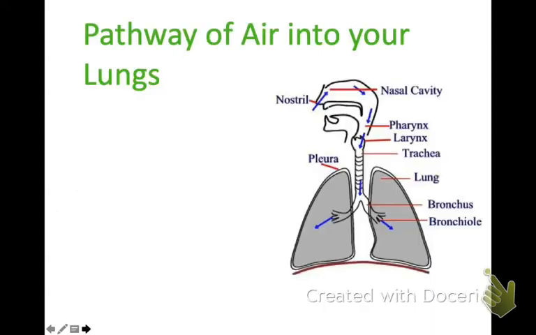All right, pathway of air into your lungs. The first thing that it's going to hit is either your mouth or your nose, depending on what you're breathing through. Your nose is probably going to be a better thing to do. When this first started with COVID, we talked a lot in the news about breathing through your nose, trying to make a conscious effort.